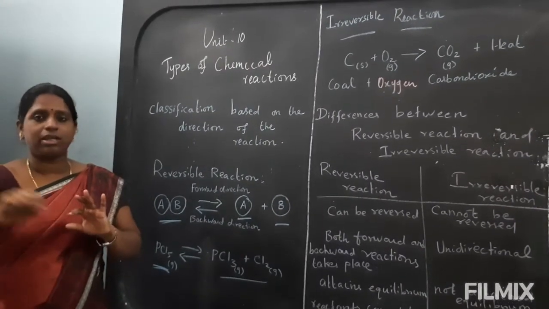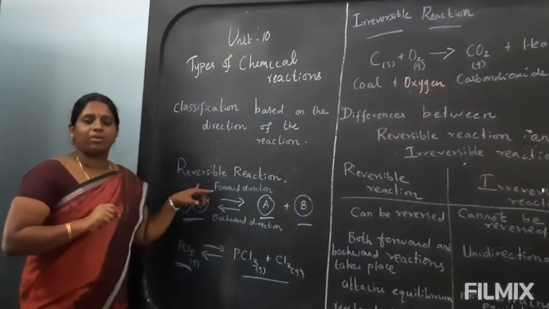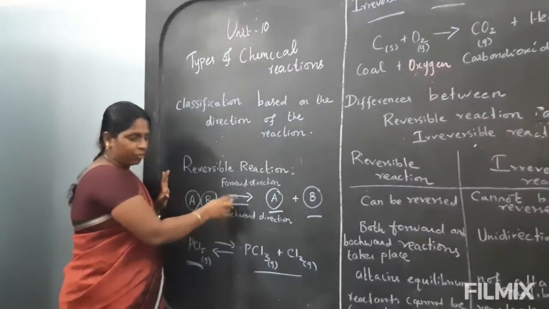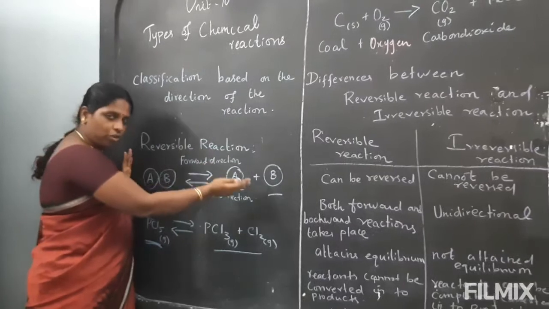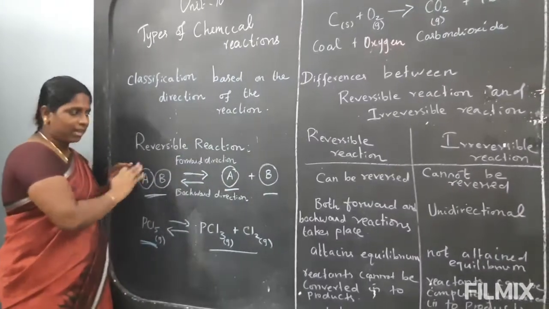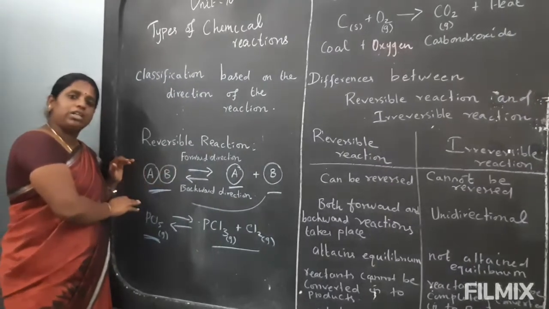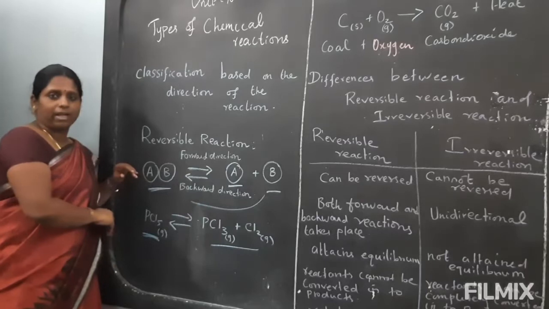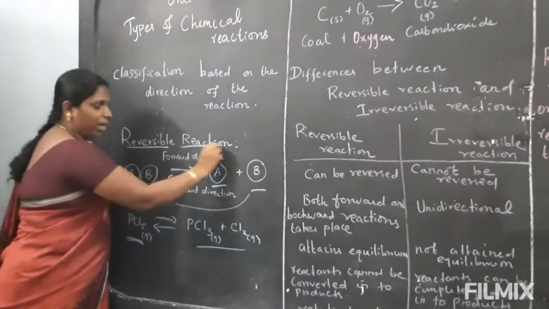Initially it is not equal, but in the final state the reaction is in equilibrium. That is the example of a reversible reaction. The direction should be represented on both sides. One is the forward direction, where the reactant is converted into product. The product converted back into reactant is the backward direction. So both directions must be represented in a reversible reaction.